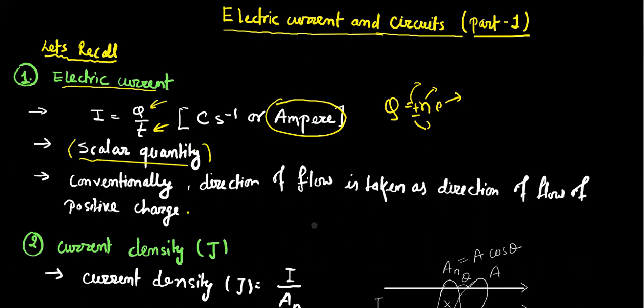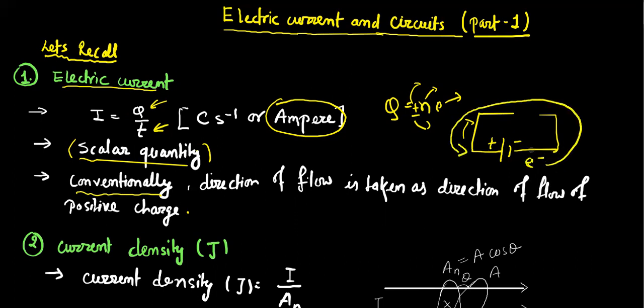So we have to take the direction of flow of electrons, and that will be opposite of our conventional method. That means in the conventional method we suppose current flows from the positive terminal of the battery towards the negative terminal, but in reality electrons flow from the negative terminal towards the positive terminal. So this is all about electric current.